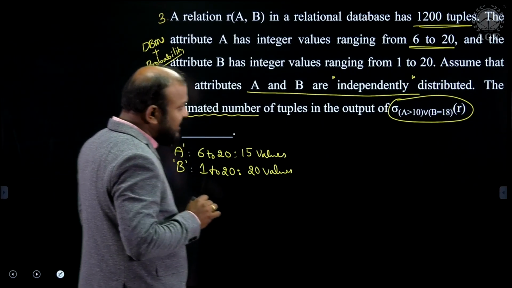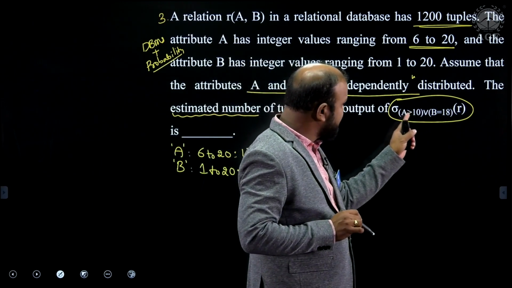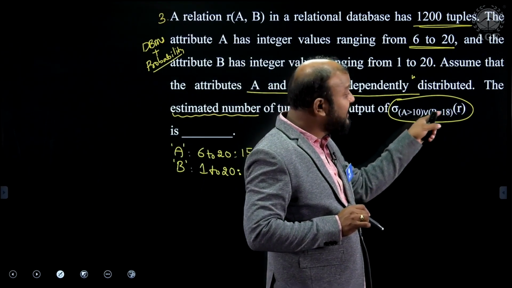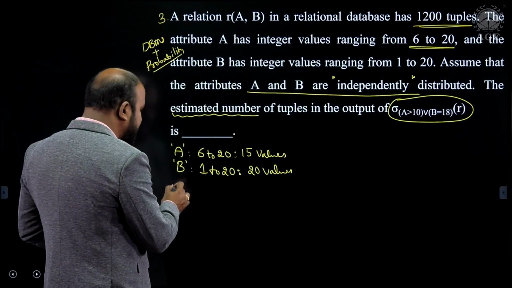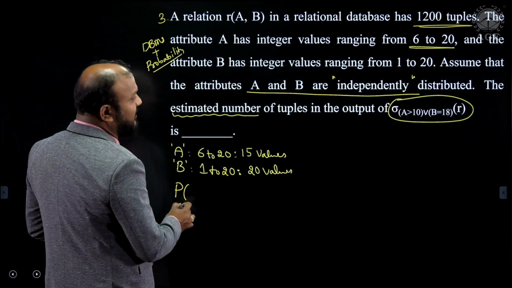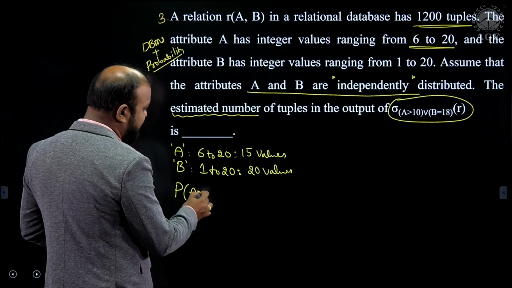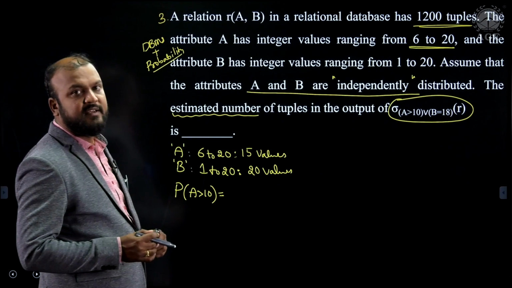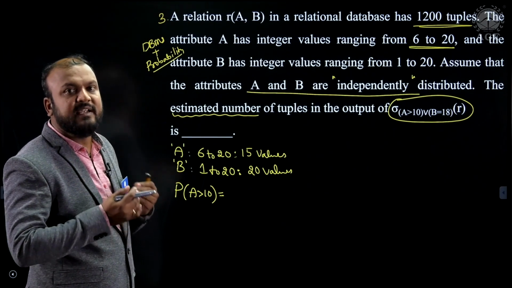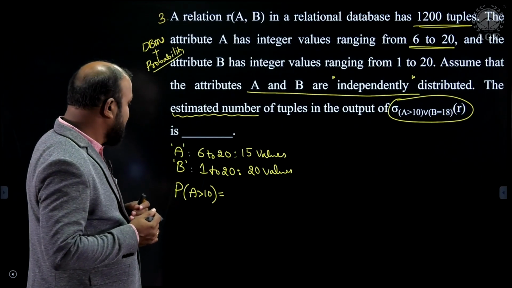Now, here we do have two conditions, A greater than 10 or B equal to 18. We need to find the probability of A greater than 10. How do you calculate the probability? Favorable cases by total cases.